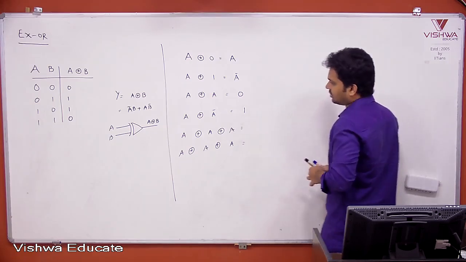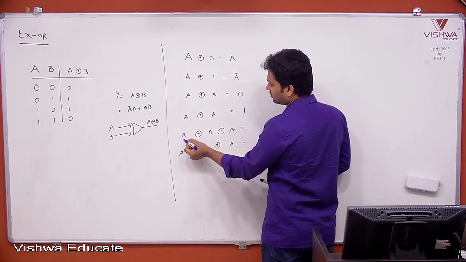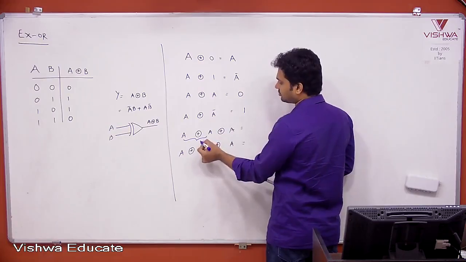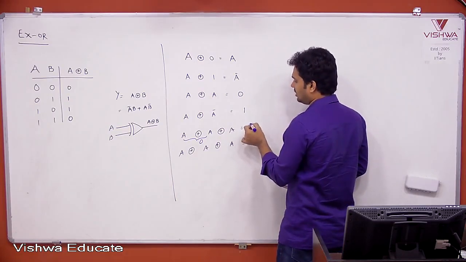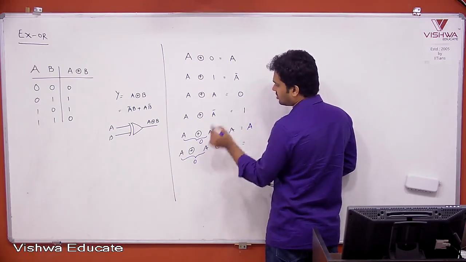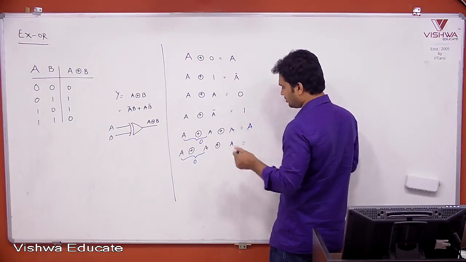Now you see here, A XOR A XOR A. What is A XOR A? 0. What is 0 XOR A? A. Similarly, let me take one more A here.